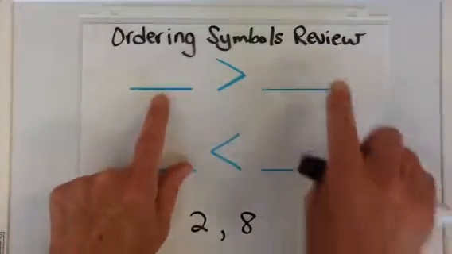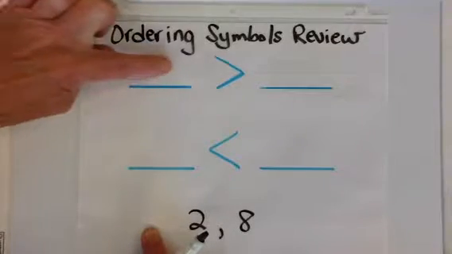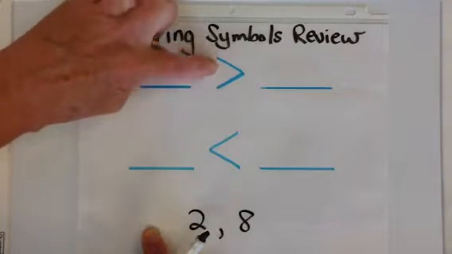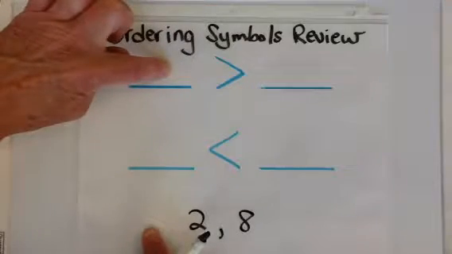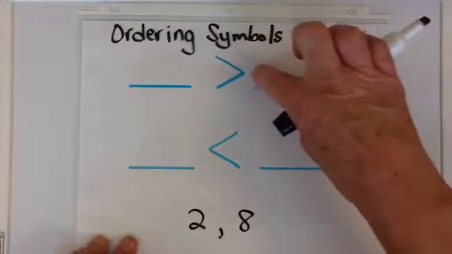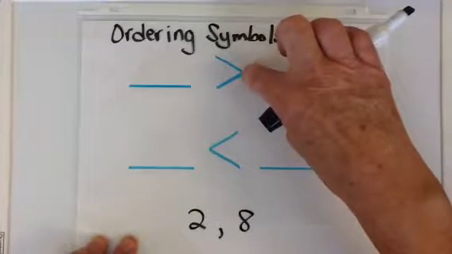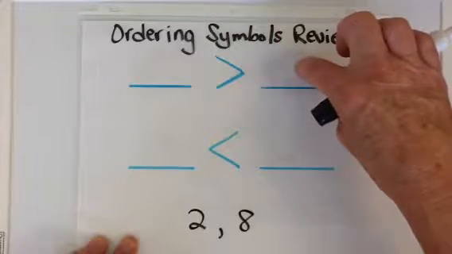We're going to put one of the numbers here, one of the numbers here. And the number that we put here, since it's next to the wide side of the symbol, that's going to be the larger number. The number that we put over here, since it's next to the little pointy end, the small end of the symbol, that's going to be the smaller number.